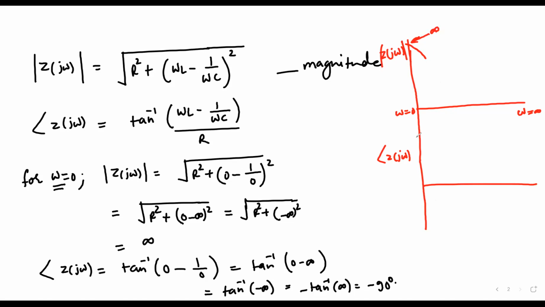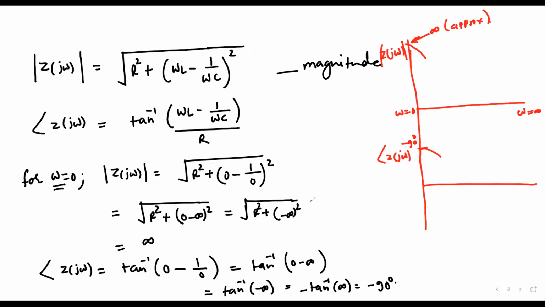Or let's say the impedance is very high, approximately. And the phase is minus 90 degrees right here. And then we will see how the phase and the magnitude of both these terms will vary.